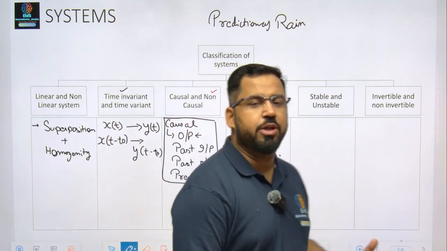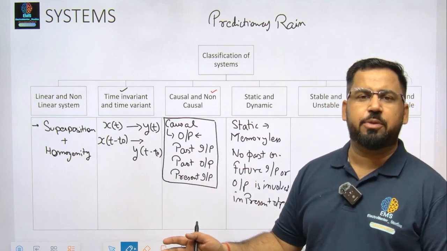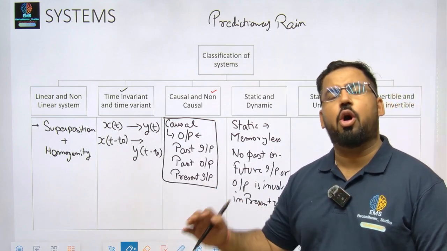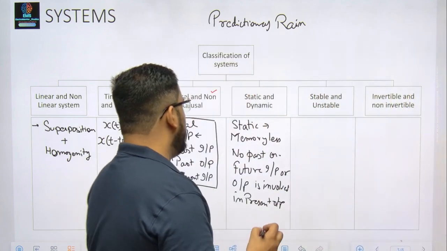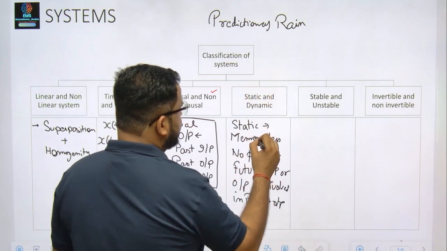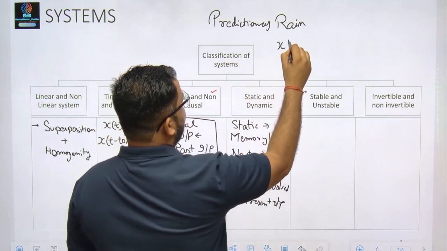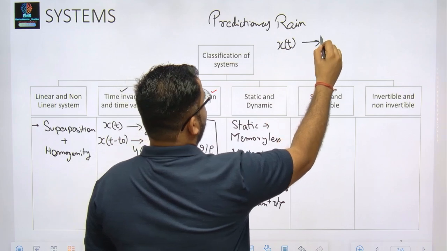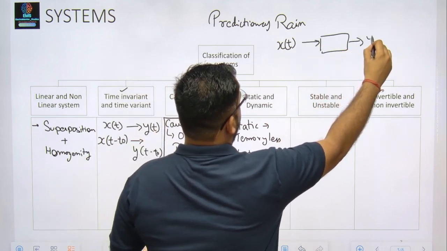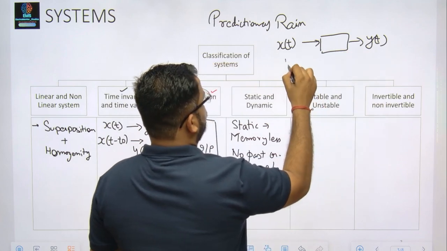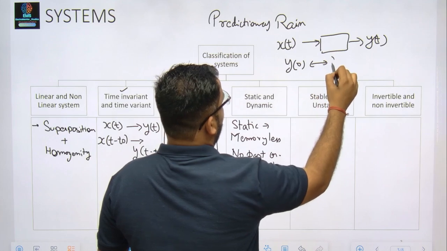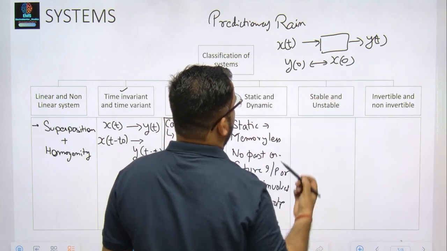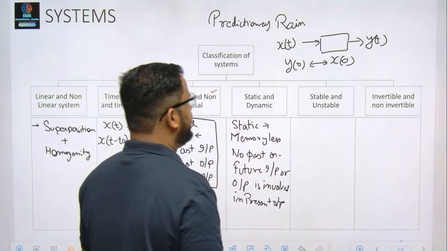So my present output is not going to depend on any past input or past output or any future input or any future output. Let us say if I have a given x(t) and a system, I'm trying to calculate y(t). So y(0) at the 0th interval will depend only on x(0), the present time input.